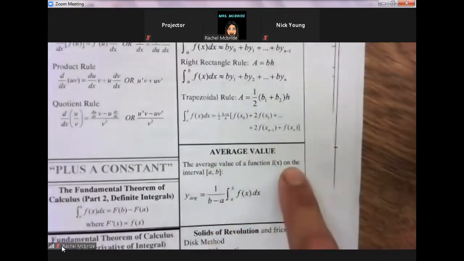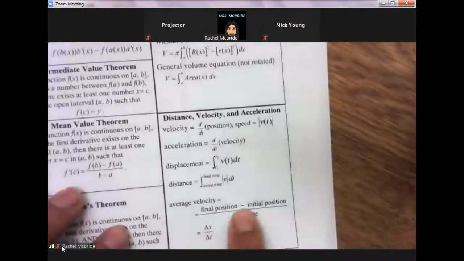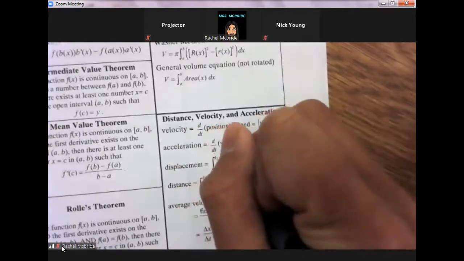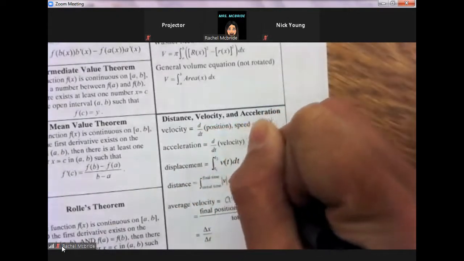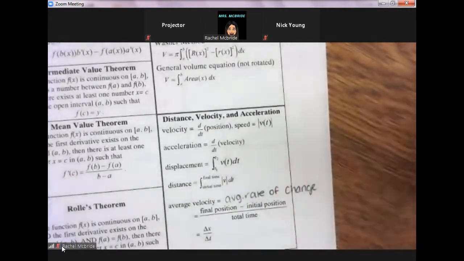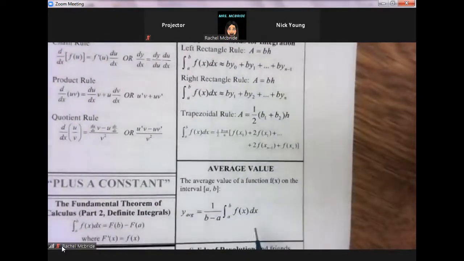Average value is an integral. Average velocity or average rate of change goes with the slope. So you have that wording on there. This is also average rate of change. Average value is an integral.